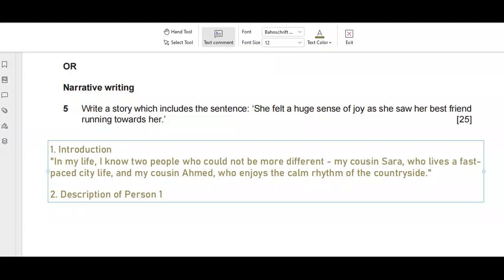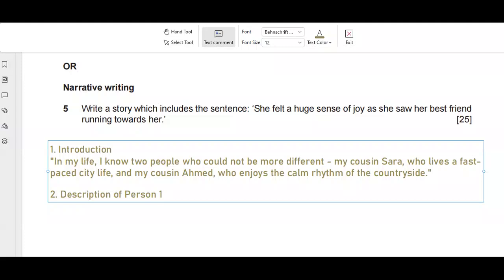But I need to make sure I use sensory details, like what they look like, sound like, and how the environment might feel. So in an example paragraph, I can say that Sarah wakes up early to catch the subway to her marketing job. Her days are filled with meetings, deadlines, and phone calls in the evenings. She enjoys lattes and fitness classes.